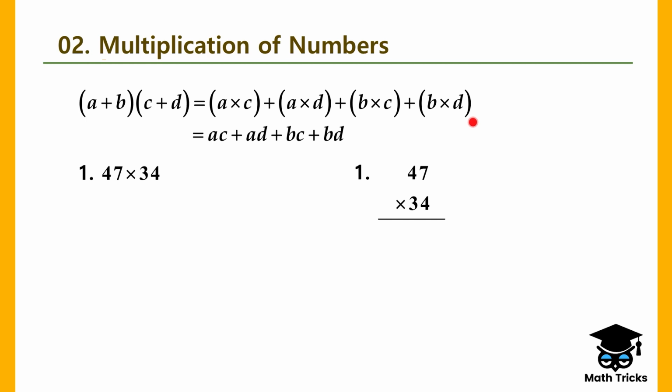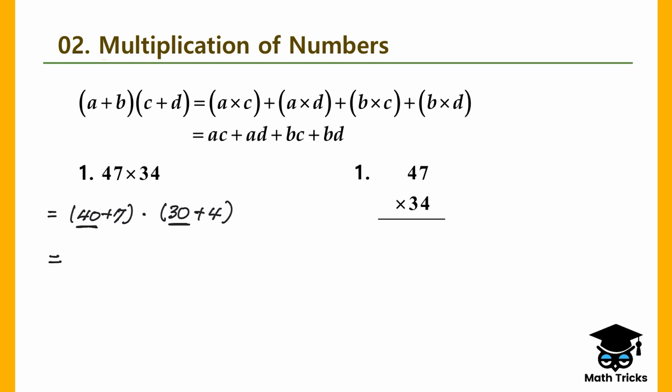So that is equal to ac plus ad plus bc plus bd, right? So for number 1, we have 47 times 34. That is equal to 40 plus 7 times 30 plus 4, right? So we're going to expand this.